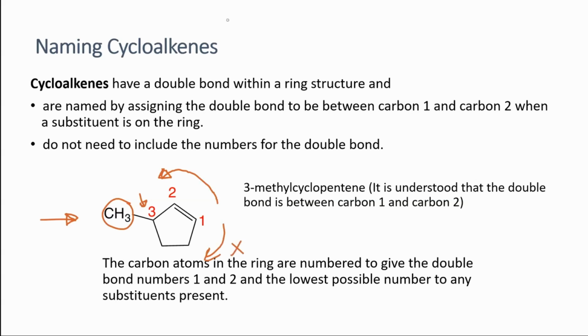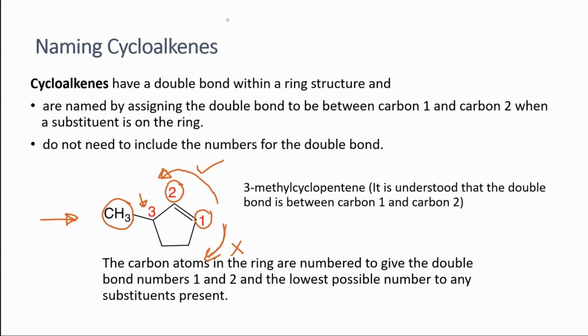Because if you do it the other side, you get the number 4 for the methyl group. So we choose this way because we get the smallest number possible for the methyl group. Anyhow, you need to give the 1 and 2 positions to the double bond containing carbon.